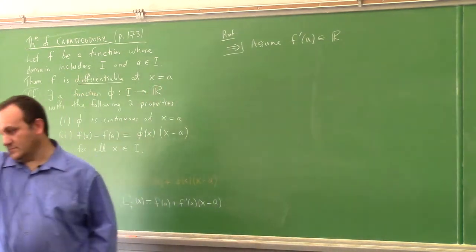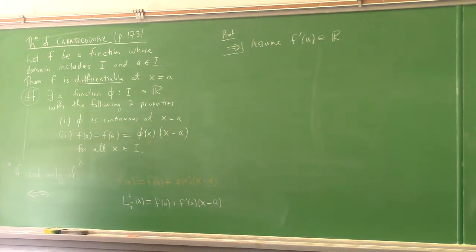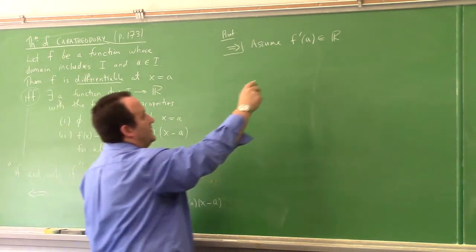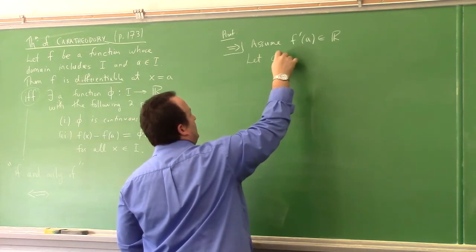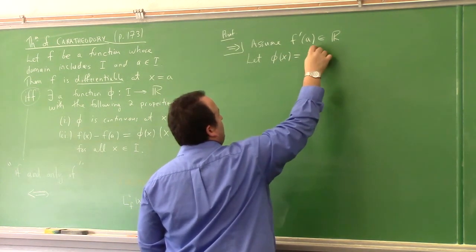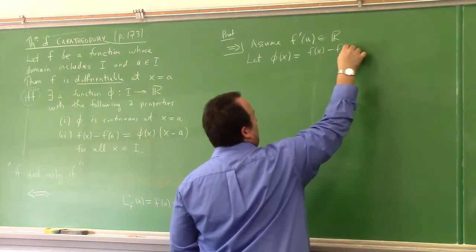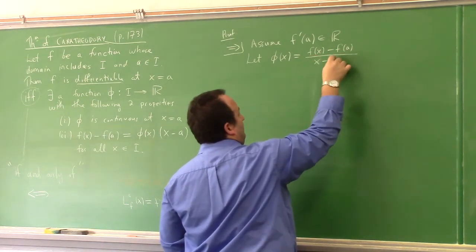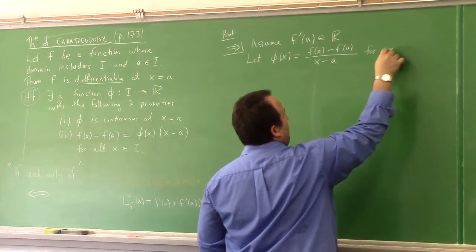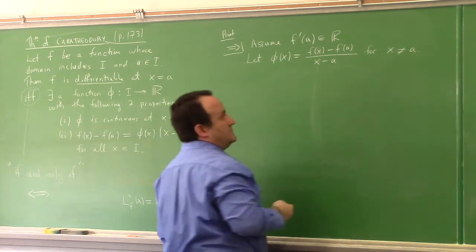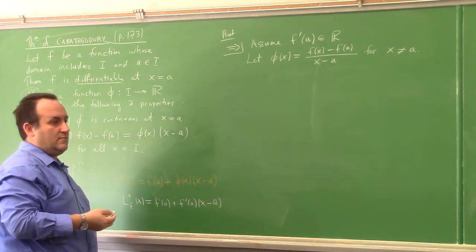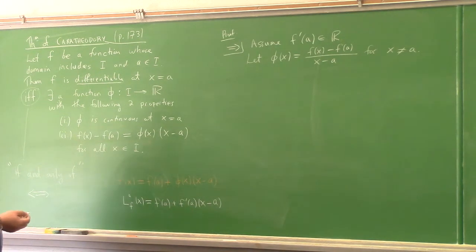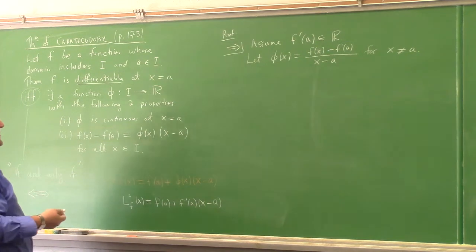Then what? I'm going to set phi of x equal to f of x minus f of a over x minus a for x not equal to a. Can I do that? I mean, I can do that, right?